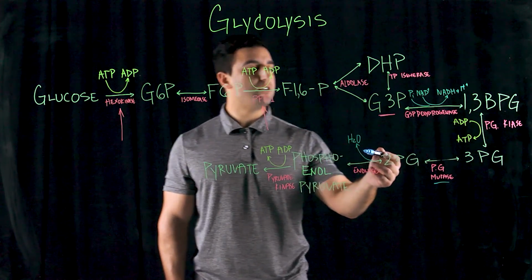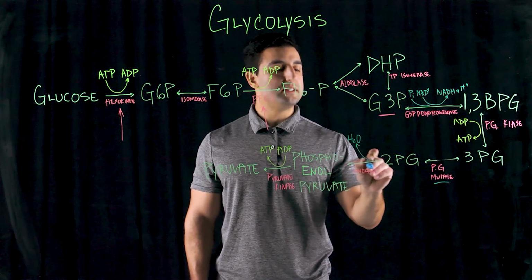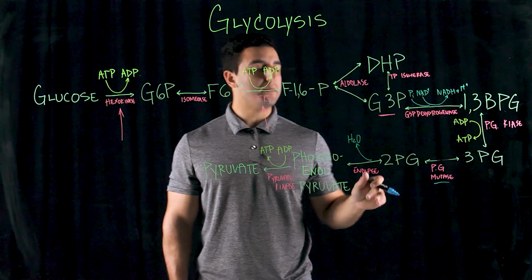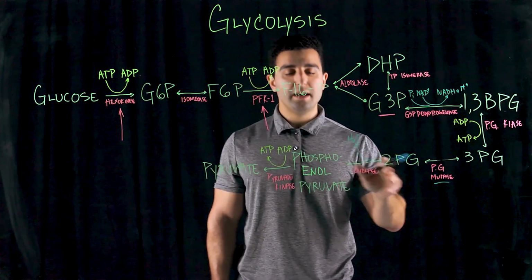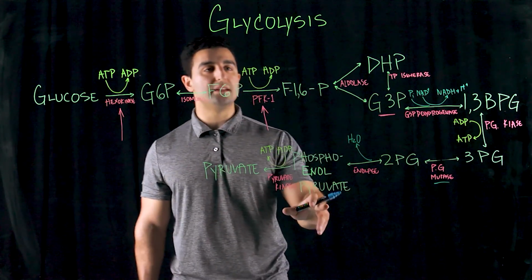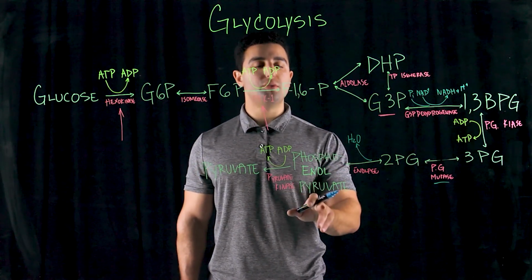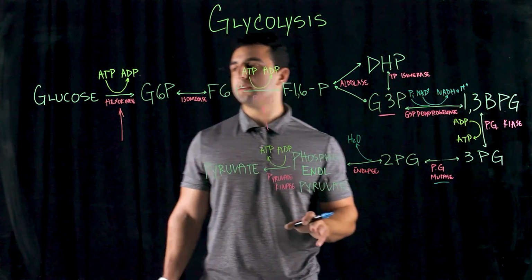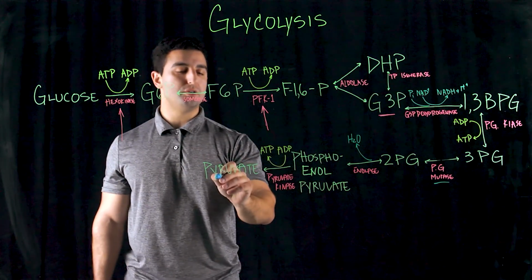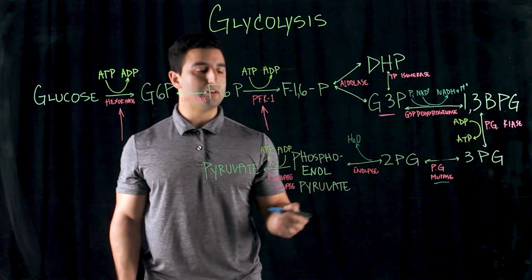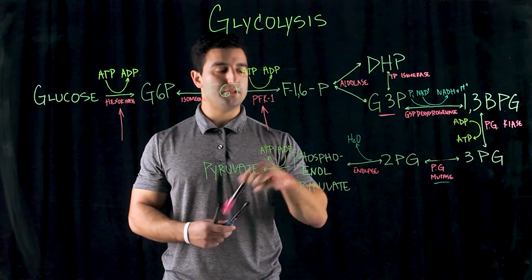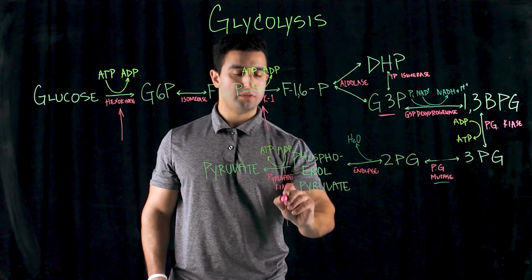Next you have a dehydration reaction where the enolization takes place. The enolase enzyme removes water from 2-phosphoglycerate in order to make phosphoenolpyruvate. Now we're at the last chemical reaction before we have our final product. This whole mechanism is to generate ATP and also pyruvate in order to enter the Krebs cycle. The final step is another rate determining step, so it's irreversible here.